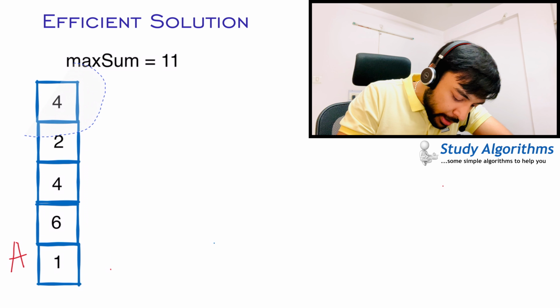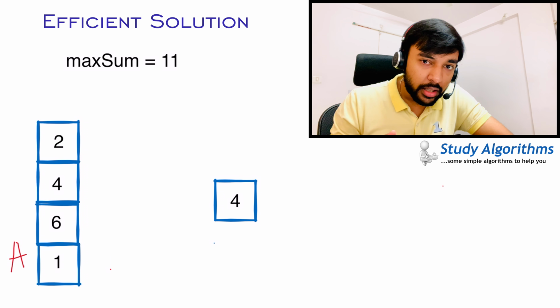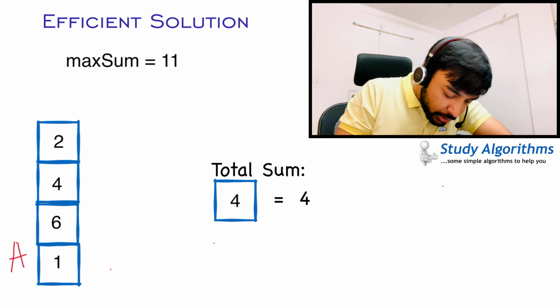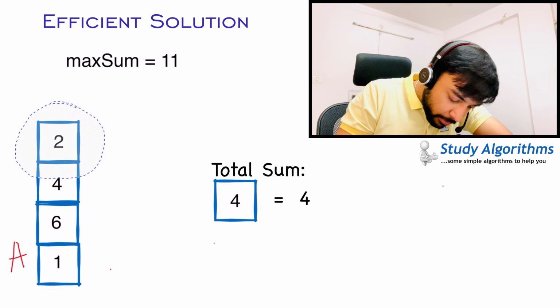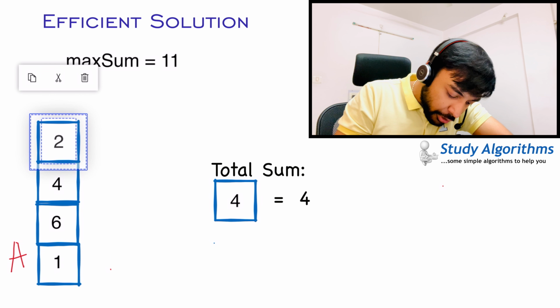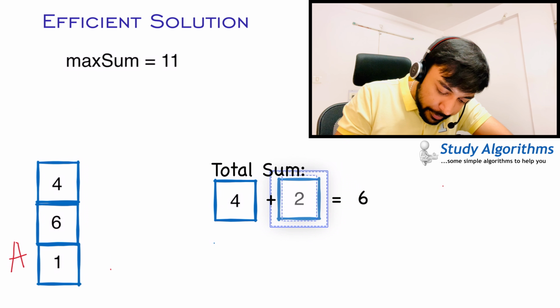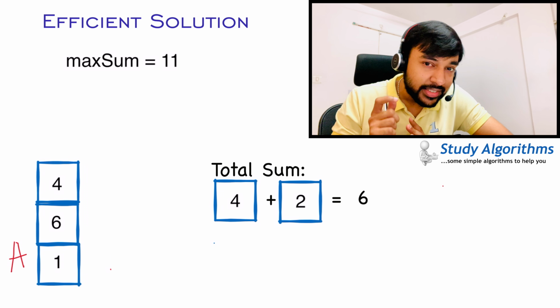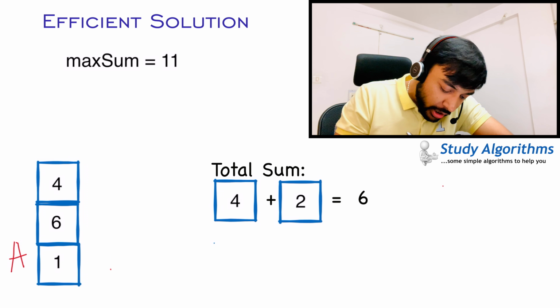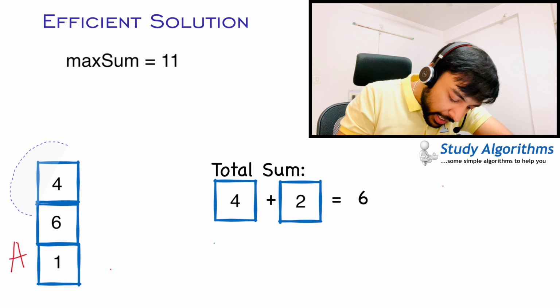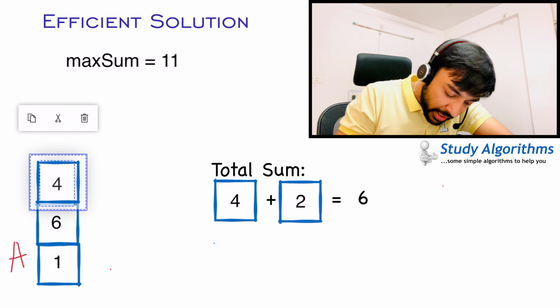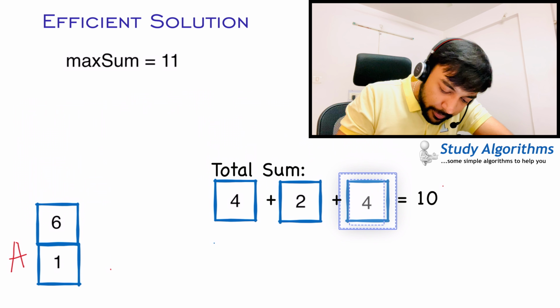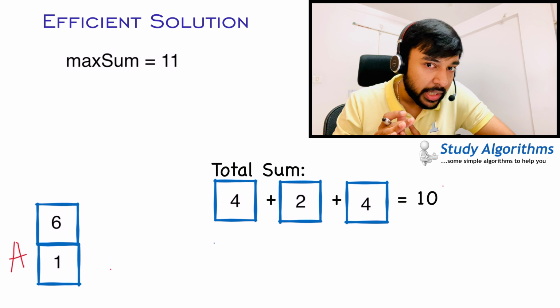You take up an element 4, the sum is less than max sum, so you take up another element that is 2, right? So you take up 2 and you try to add it. The sum is still less than the max sum, so you again take up another element and you try to add it. Now the sum becomes 10.